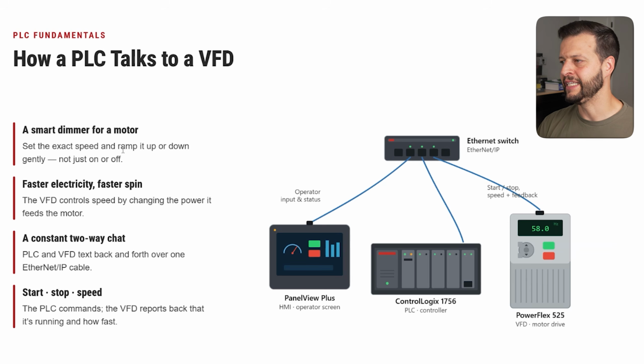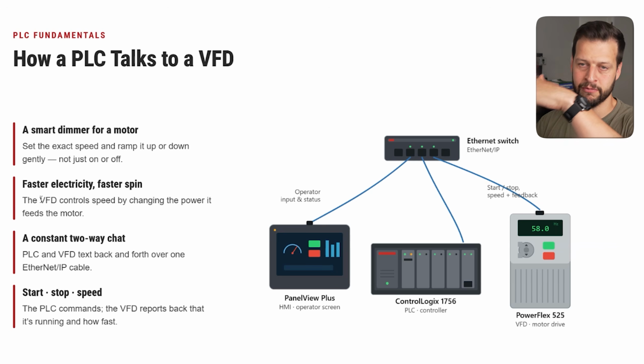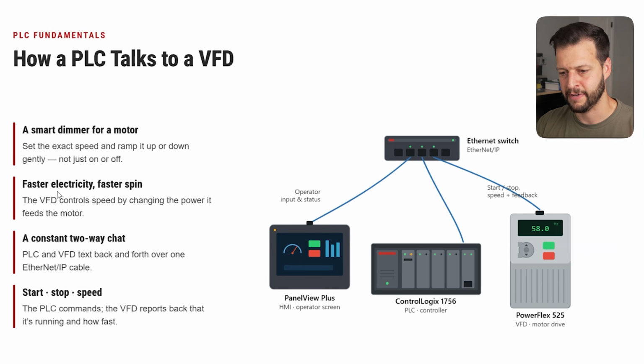So the VFD allows you to set an exact speed and ramp it up or down gently to that set point. So basically, it's just using the frequency of the voltage it sends to the motor, and it's either increasing the speed of that sine wave or slowing it down, and then that's how you control the speed of the motor. Faster, quicker frequency or sine wave means the motor will run faster.